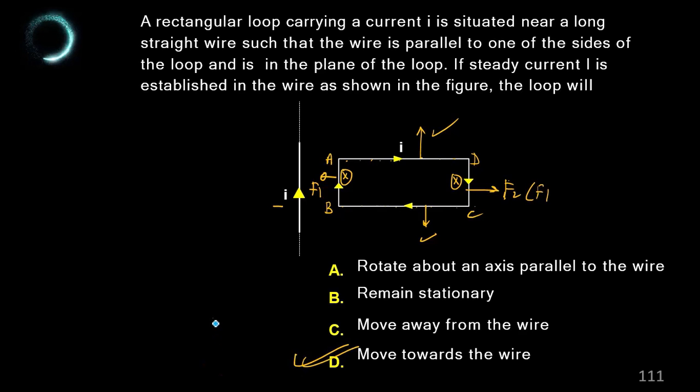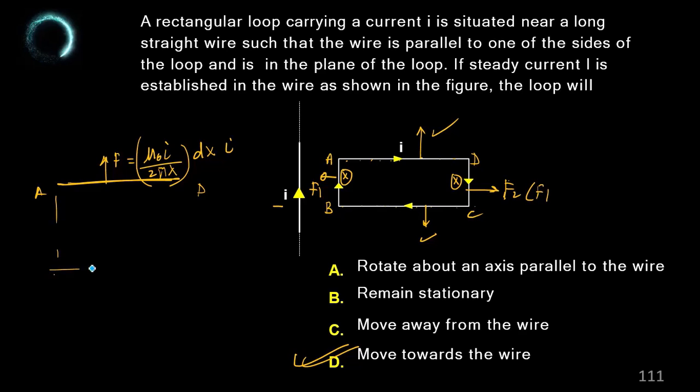Option D. AD wire এ যে ফোর্সটা হচ্ছে, BC wire এ যে ফোর্স হচ্ছে, these two will cancel. কারণ AD wire এর ফোর্সটা বের করার সময় বলেছিলাম যে এইখানে একটা dF বের করতে হবে, that's because of μ₀ I by 2πx into dx into I. সো এইটা যখন বের করলাম, AD wire-কে ইন্টিগ্রেট করে বের করলাম, exactly same answer I will get for the wire BC.